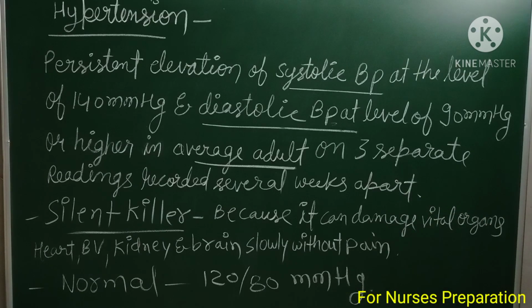Hypertension is also known as silent killer disease because it can damage our vital organs like heart, blood vessel, kidney and brain and more without pain. You can take a screenshot for your revision.